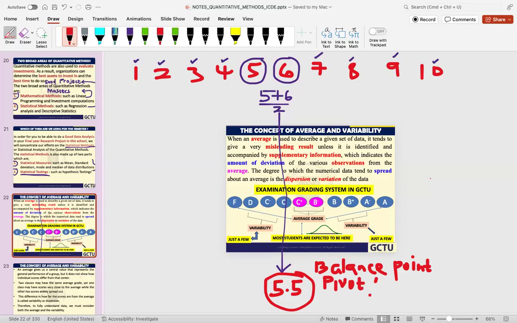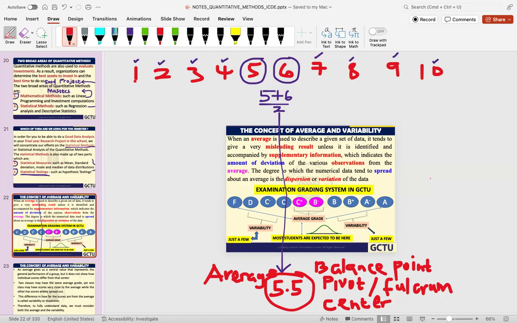It also has another name called the fulcrum. Some just call it the center. But in business, we call it the average. So this is representing an average in business.